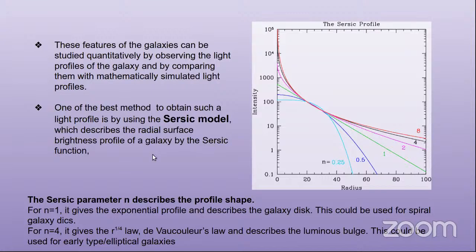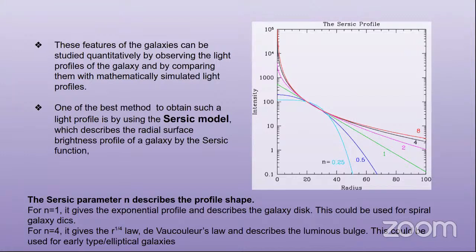So here every point is a function of radius. The Sersic model basically describes how the radial surface brightness changes, starting from the center to the end of the galaxy.